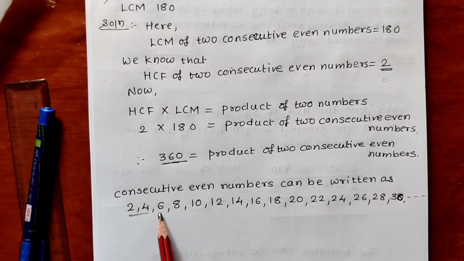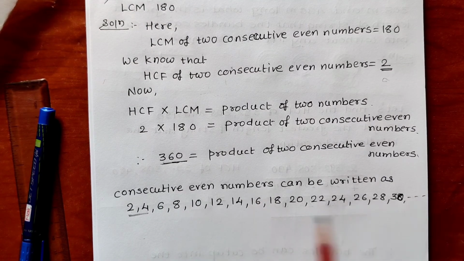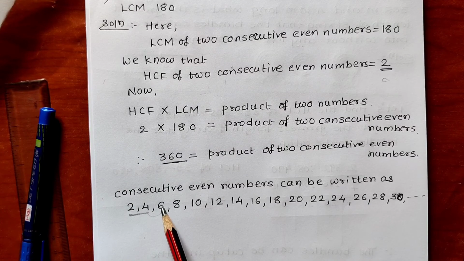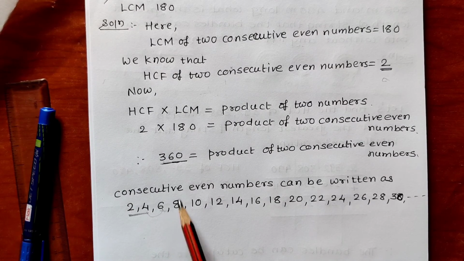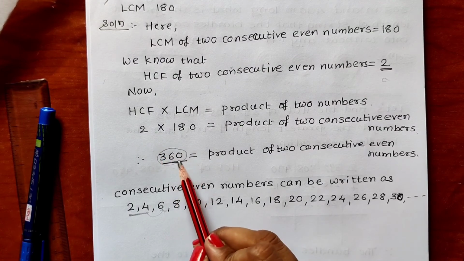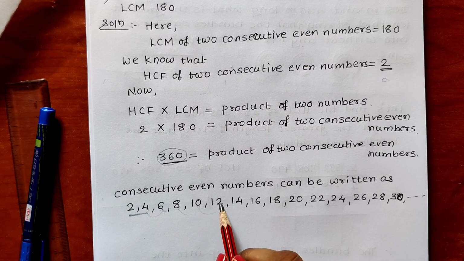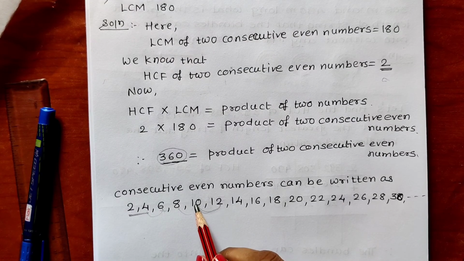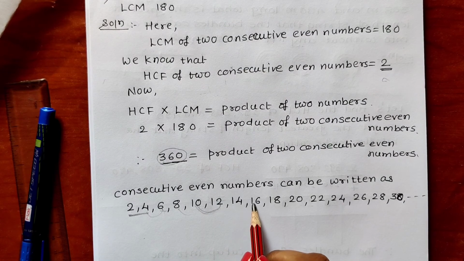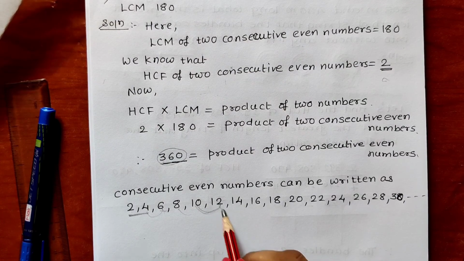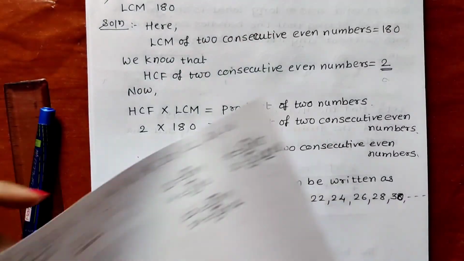So let us go on the right-hand side, because 4 sixes are 24, 6 eights are 48. We cannot take these small numbers. We require a very big product, which is 360. So 8 tens are 80, 10 into 12 is 120. So again we go on this side. Let us do 12 into 14.